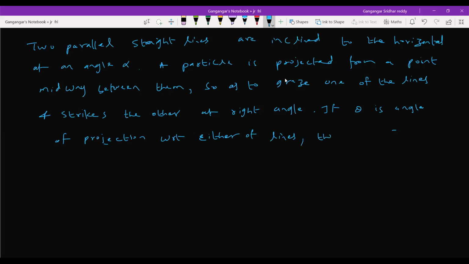Right. Then tan theta is equal to root of n minus 1 cot alpha. Find the value of n.